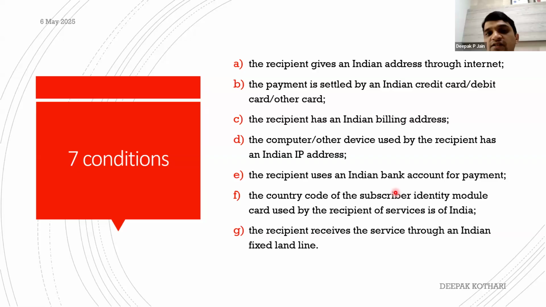If 2 conditions are not satisfied, or even if only one condition is satisfied, then it will be treated that the recipient is not in India and it will not be taxable, because the supplier has to be outside India and the recipient has to be in India. If the recipient is not in India, which will mean that the place of supply is not in India, and then it will not be taxable in India.